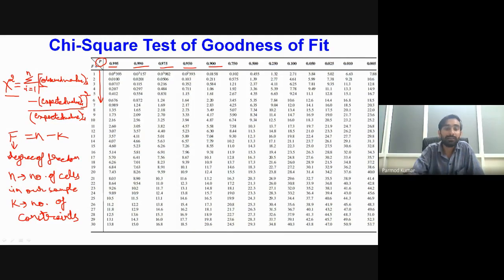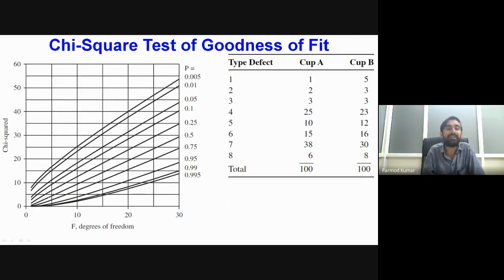The tabular data is represented in graphical form. Here F is along the abscissa and chi-square is along the ordinate. The different lines are constant probability lines: the first corresponds to 0.005, then 0.01, and so on, each line representing some probability value. This is the tabular data from the previous slide in graphical form.